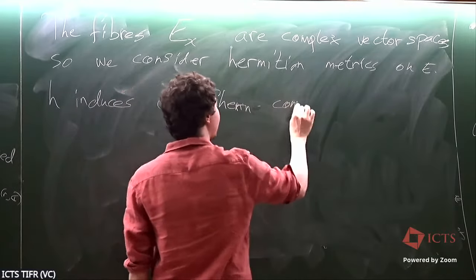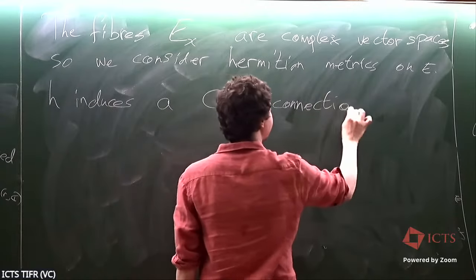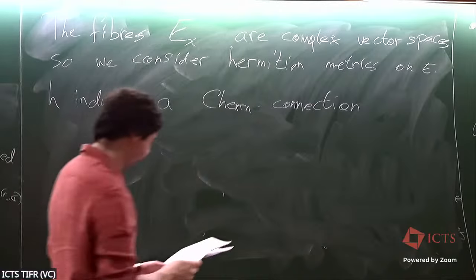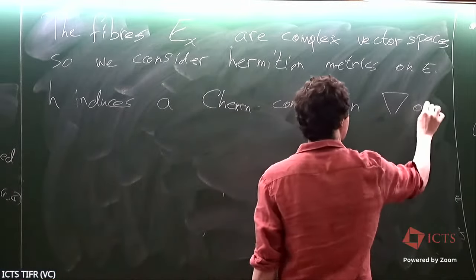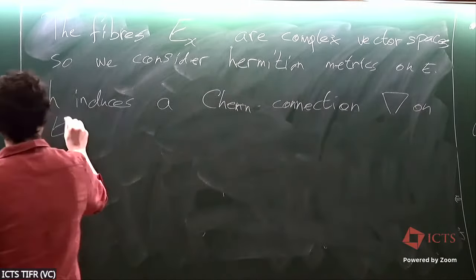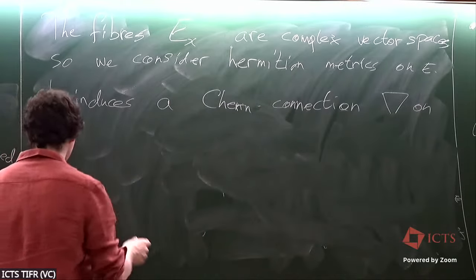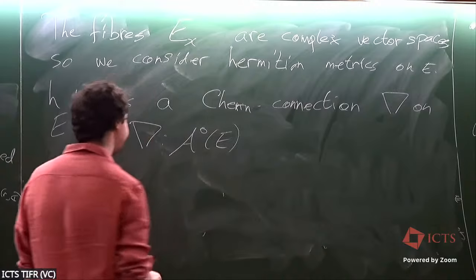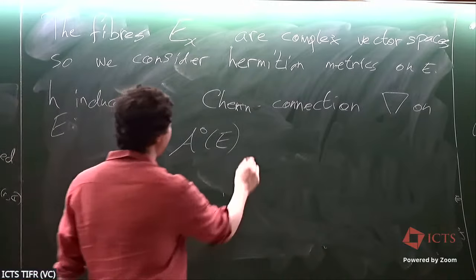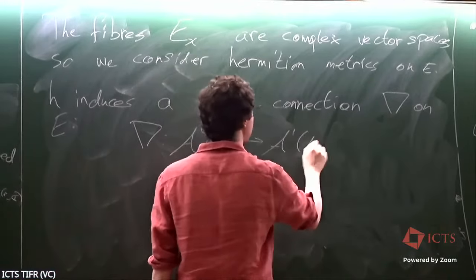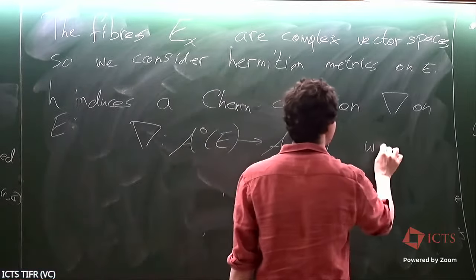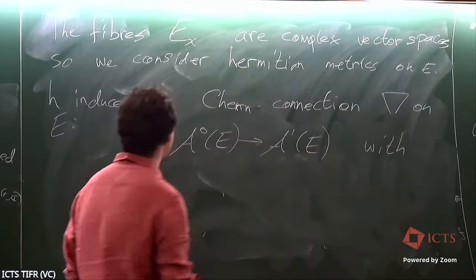Roughly speaking, this plays a similar role to the Levi-Civita connection in Riemannian geometry. So nabla on E. What does this mean? Nabla takes smooth sections of E and gives back a one-form with values in E, with this almost linearity property under multiplication by functions.